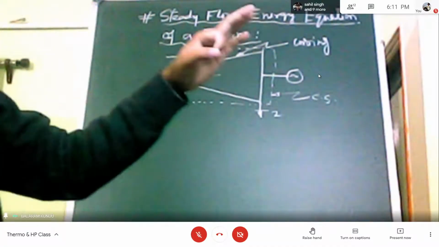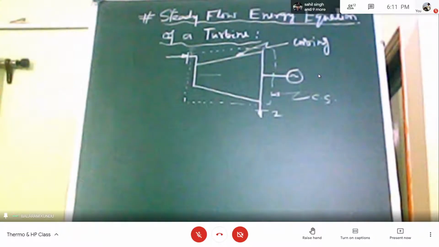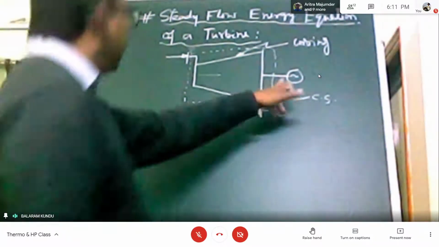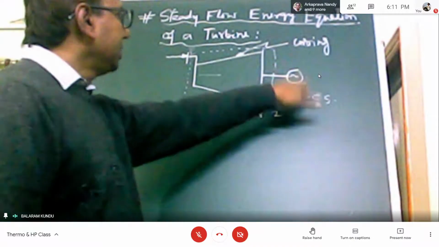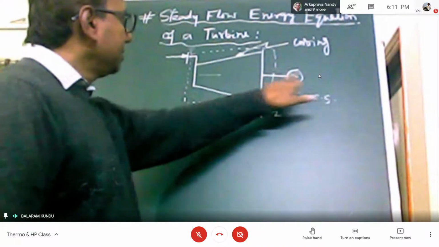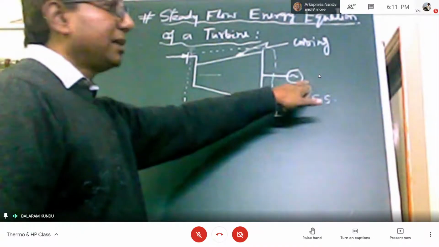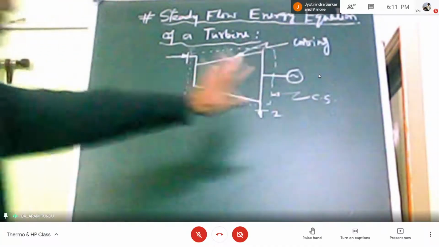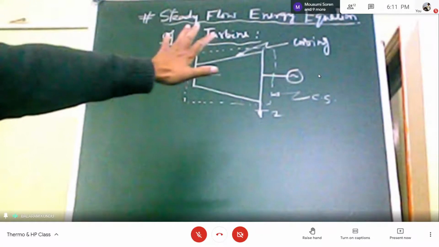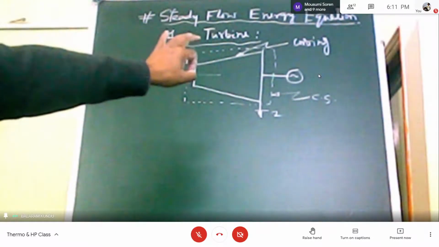As a result, the shaft will rotate. Finally, if the shaft is coupled with the generator, then the generator will rotate, and for the rotation of the generator, electricity will be produced.